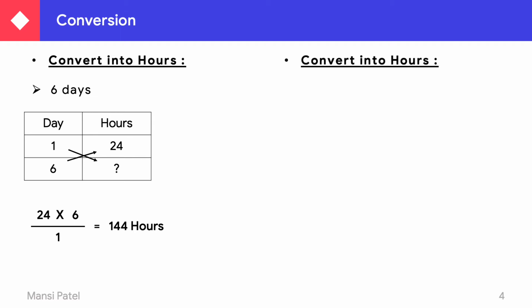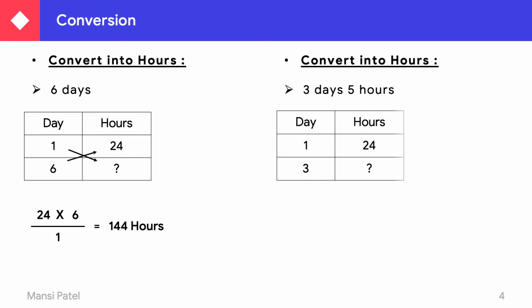Now see another example. Again we have to convert into hours: 3 days and 5 hours. First you have to convert the days. Days we write on the left hand side, and hours on the right hand side. Our formula is 1 day is equal to 24 hours.